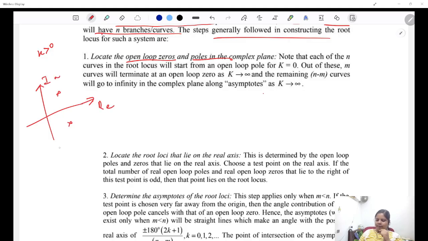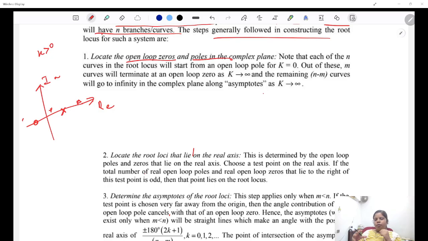After you place them, you select test points at various places. For example, if there is a pole over here and a zero over here, you consider a test point over here, then in the next case over here, and the next case over here.